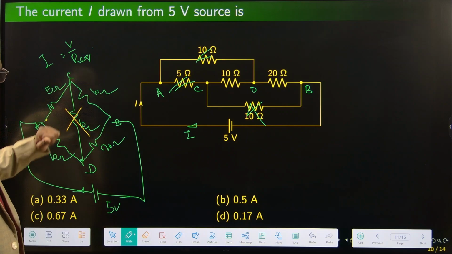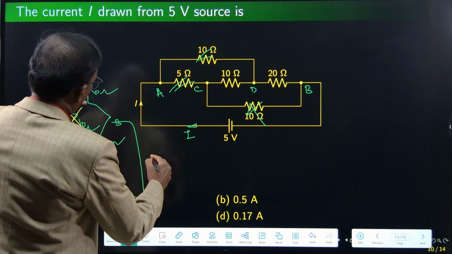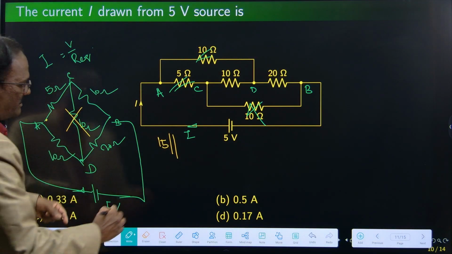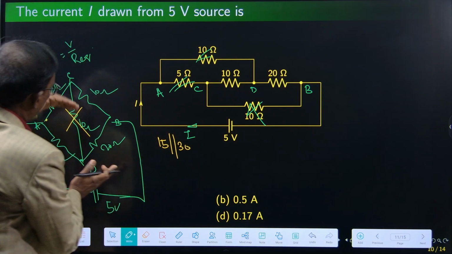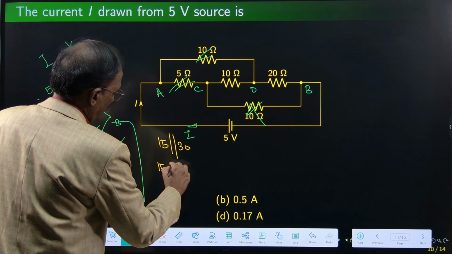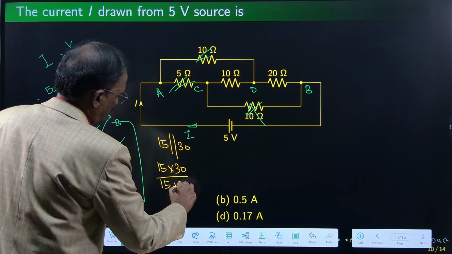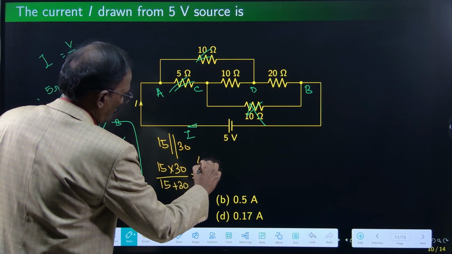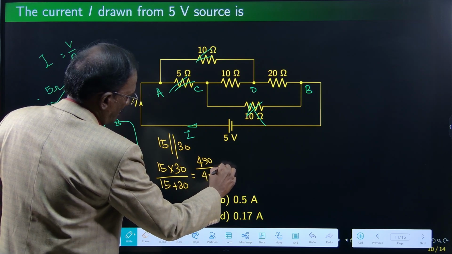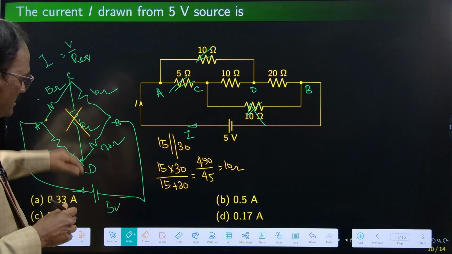Then 5 plus 10 is 15, 10 plus 20 is 30. 15 is parallel with 30. These two arms are in parallel. R equivalent is 15 into 30 divided by 15 plus 30, 450 divided by 45, 10 ohms.